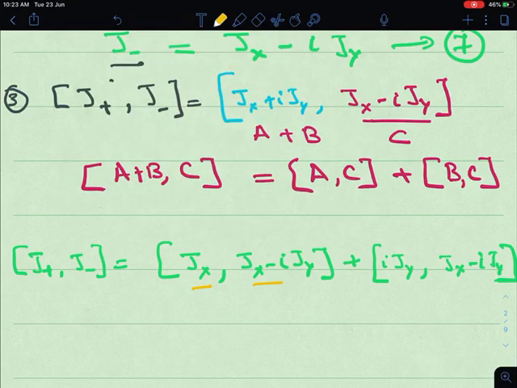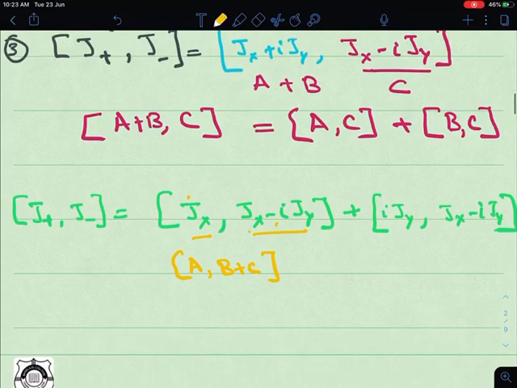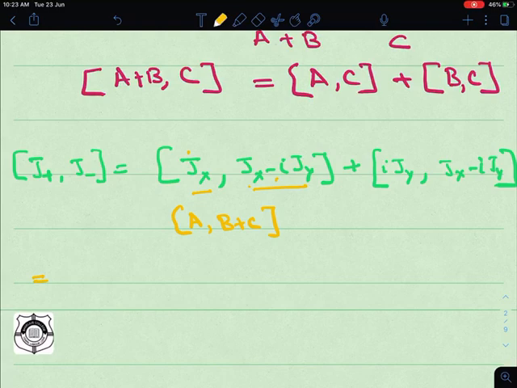As you can see, this is of the form [a, b plus c]. What is your a here? It is Jx. b plus c is Jx plus minus iJy, so c is minus iJy. So just expand this: it is [a, b] plus [a, c].